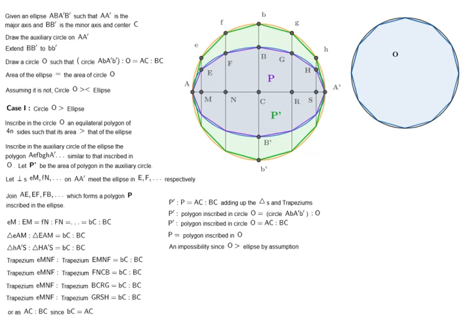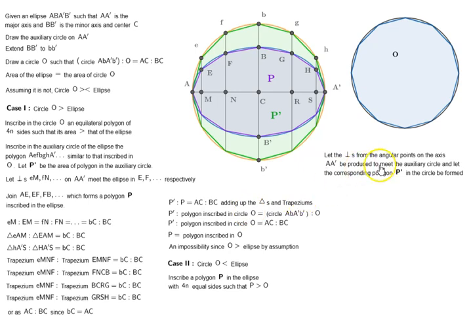Now let's take the second case. Let's assume that circle O is less than the ellipse, the area of the ellipse. Inscribe a polygon P in the ellipse with 4n equal sides such that P is greater than O. So here we are first inscribing a polygon in the ellipse.